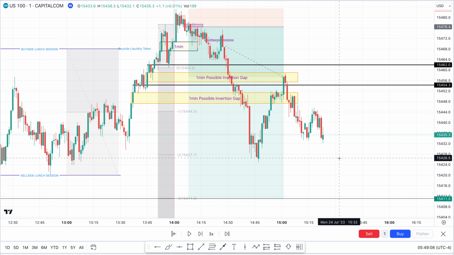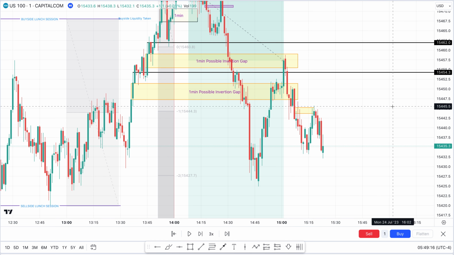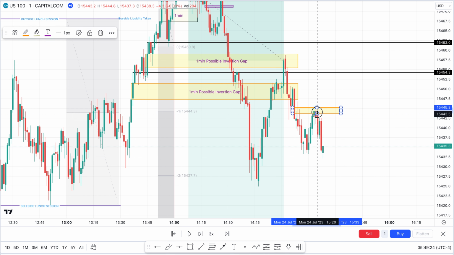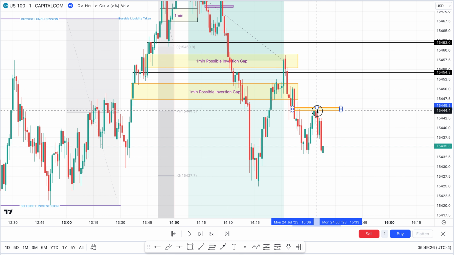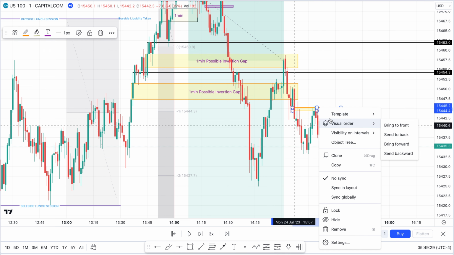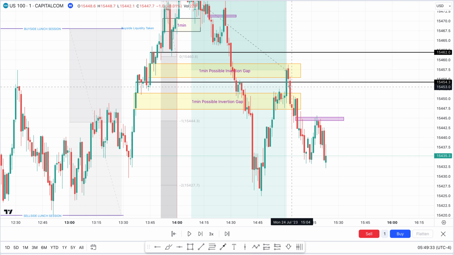Inside here, another fair value gap, SIBI. And inside here, another SIBI.